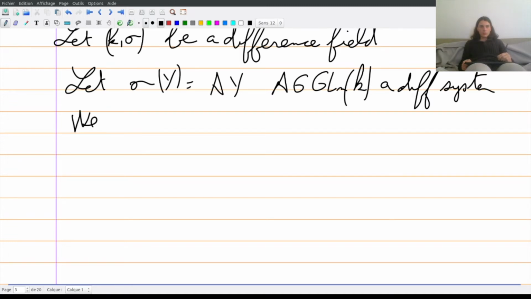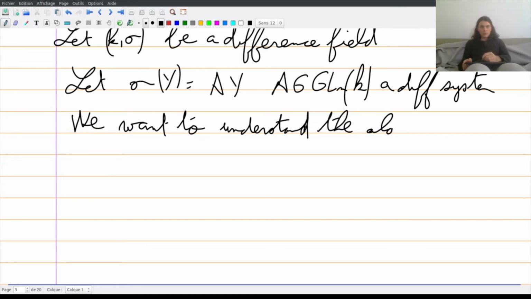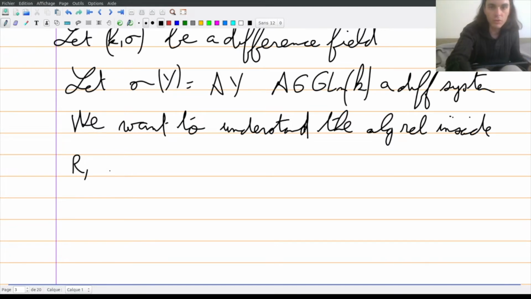So we want to understand the algebraic relations inside R, the algebraic relations between solutions.